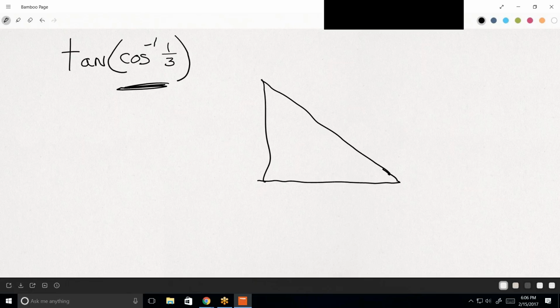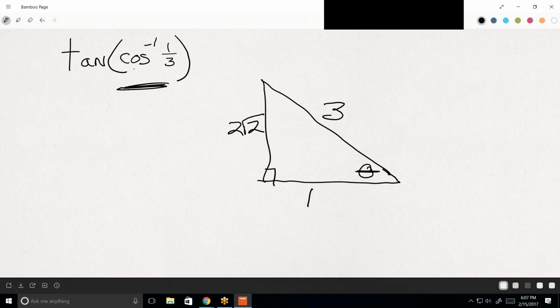Let's write that angle right there. It's an angle whose cosine is 1/3. So I can dimension that. This has to be 2√2 using the Pythagorean theorem. Square root of 9 minus 1, square root of 8, which reduces to 2√2.